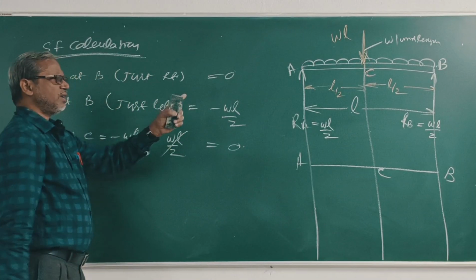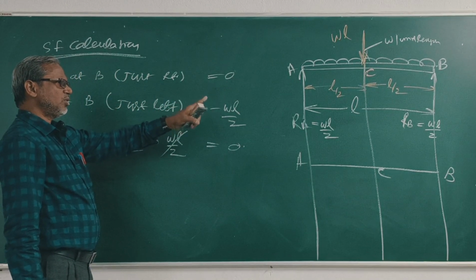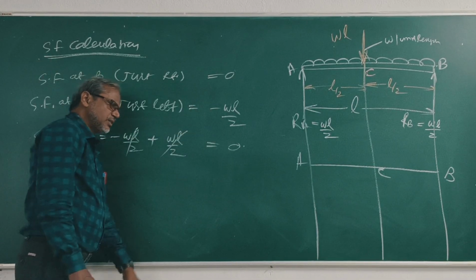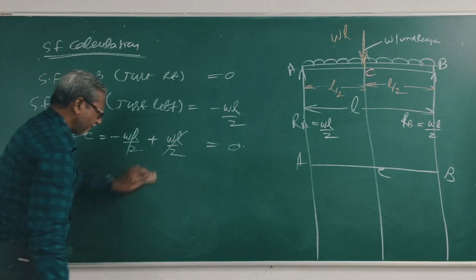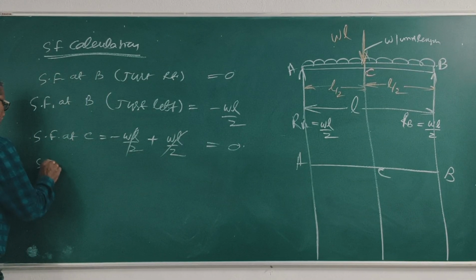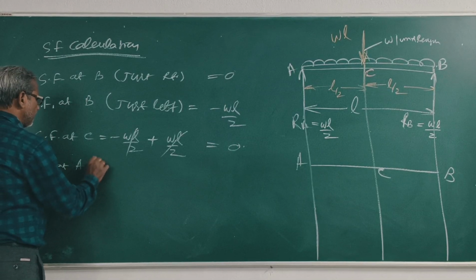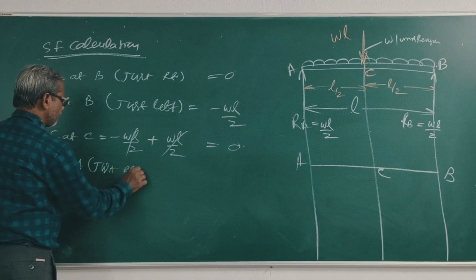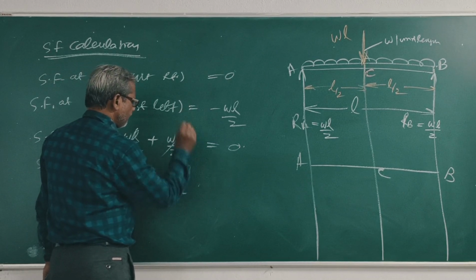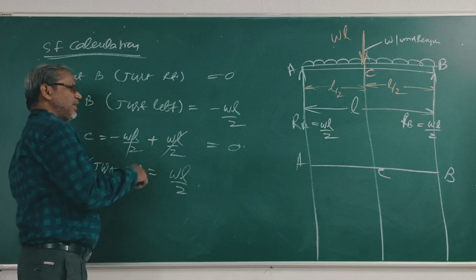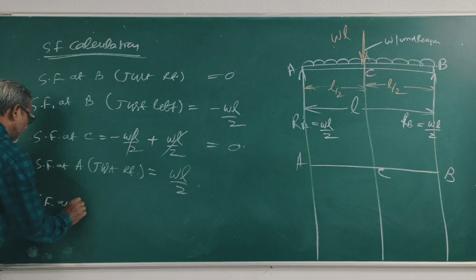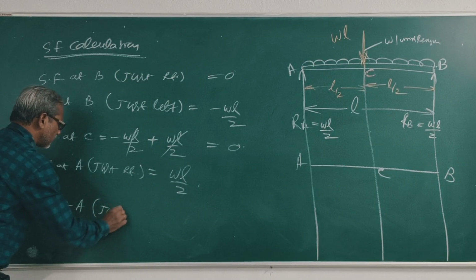Now from C to A, the load is wL by 2. That will count for shear force at A right. Shear force at A just right is plus wL by 2. At A left, 0.